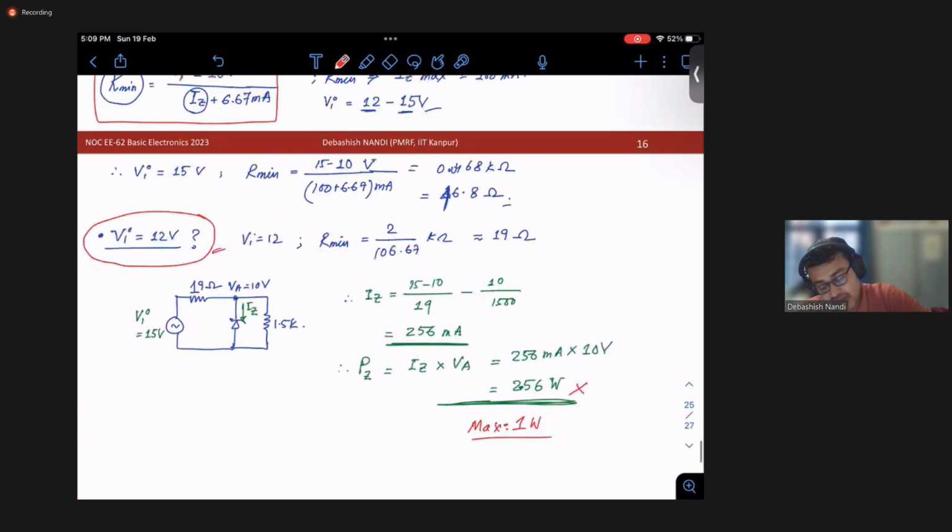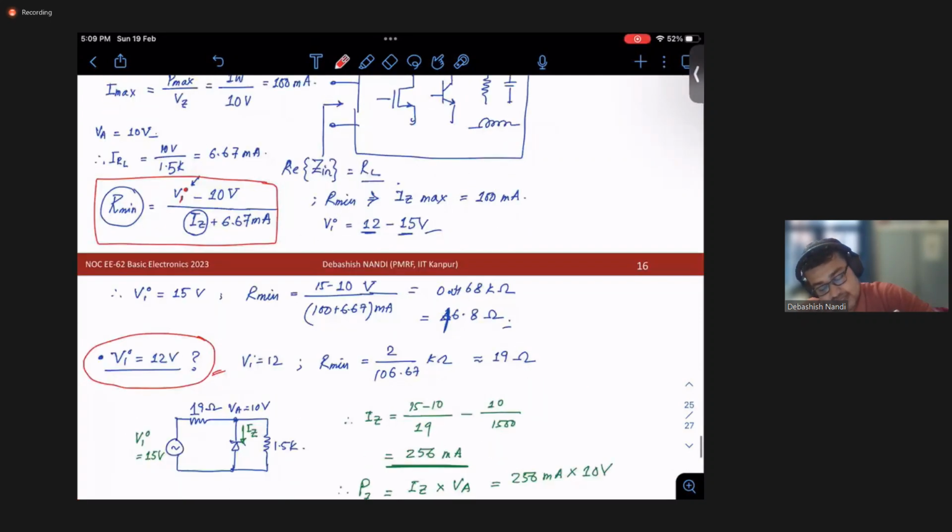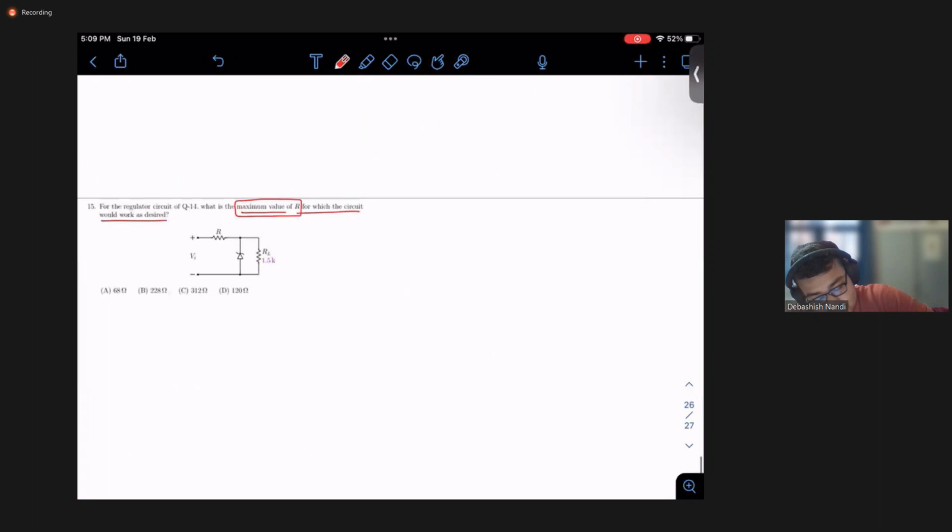This R maximum would be nothing but Vi minus 10 divided by, this is 6.67 milliampere plus this Iz. What is R maximum for this Iz to be minimum? What is the minimum Iz limit you have? You have 6.67 plus 10 milliampere.